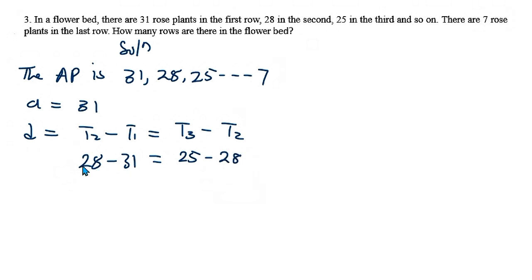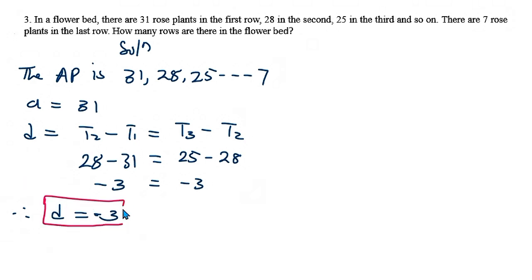And 28 minus 31 will give us minus 3, and 25 minus 28 is also minus 3. So therefore we can say that the common difference d is minus 3. All right, okay, so we know the first term, and now we also know the common difference.